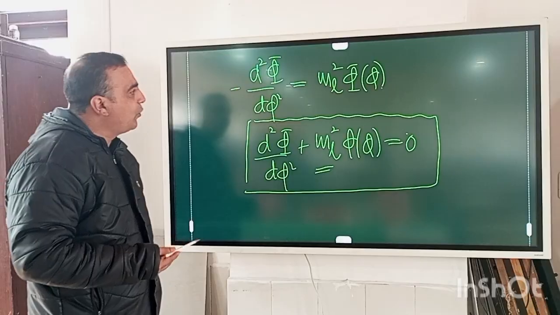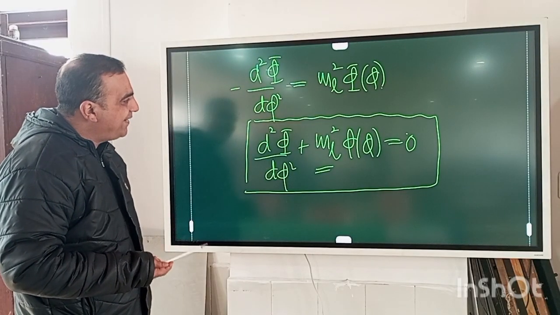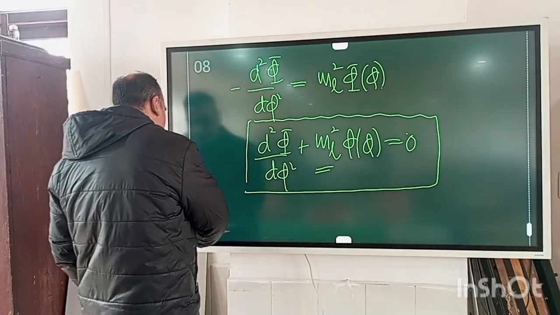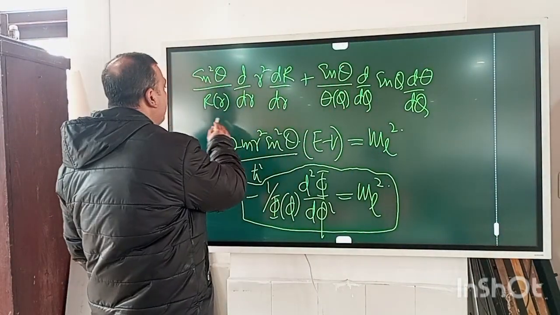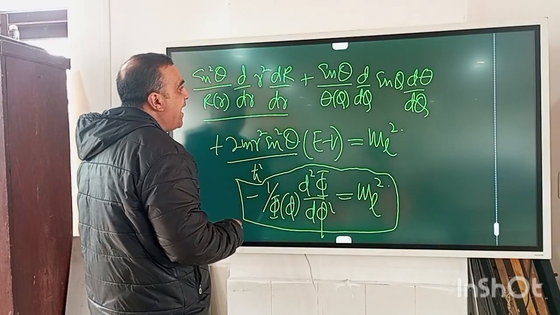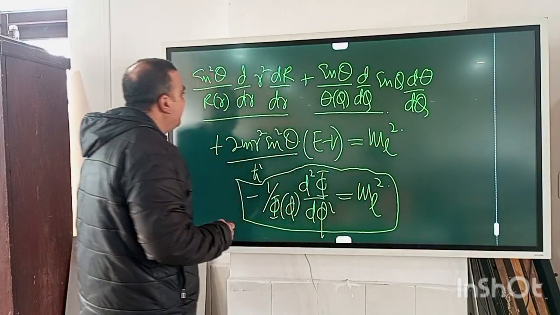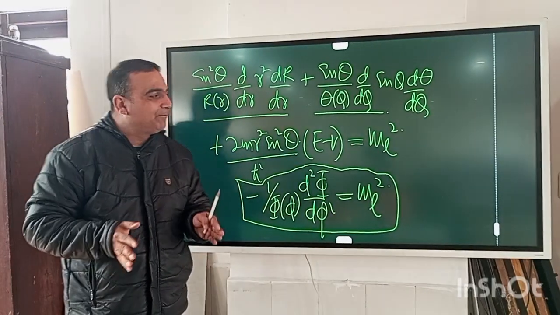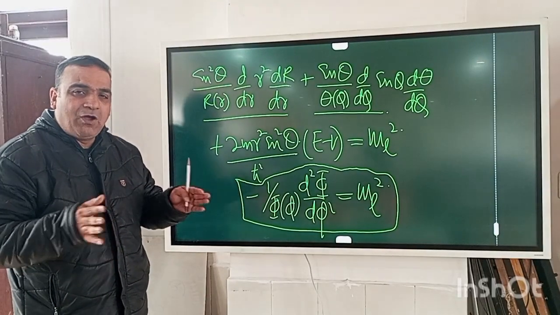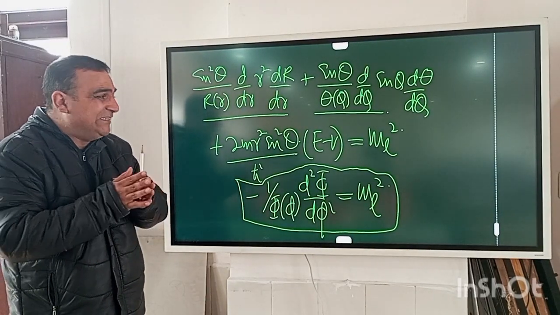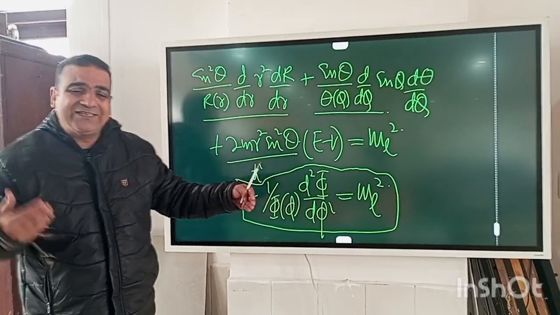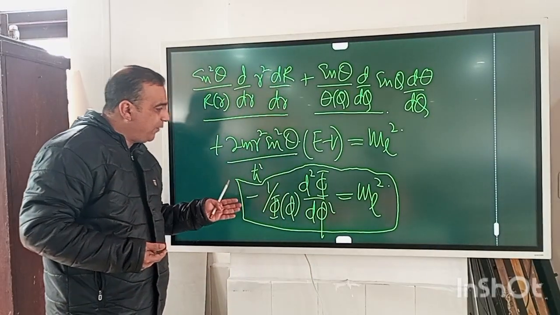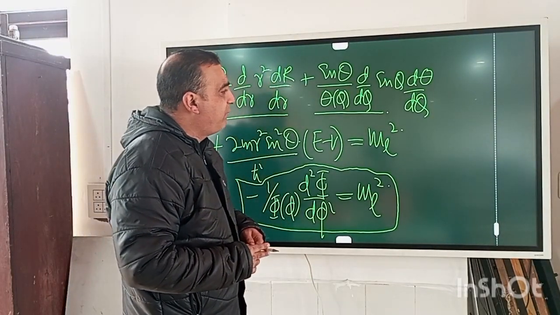So tomorrow we will proceed from here, and we'll write down the solution, and we will try to break down the equation that we have in terms of radius and in terms of theta, and that will be our next job, because finally what we have to do is come up with three equations in r, theta and phi, which are exclusively independent of each other. You will have an exclusive equation in terms of theta, an exclusive equation in terms of r, and an exclusive equation in terms of phi.